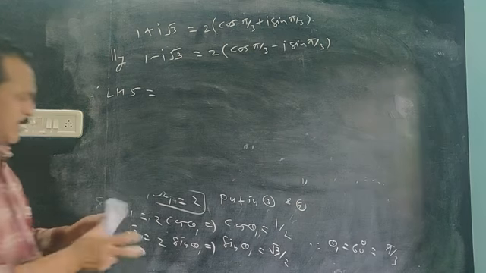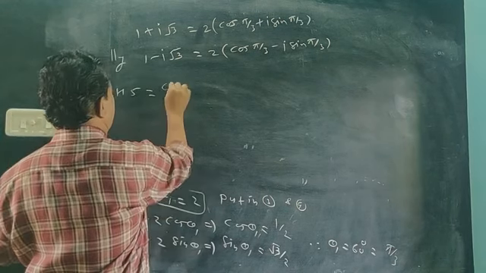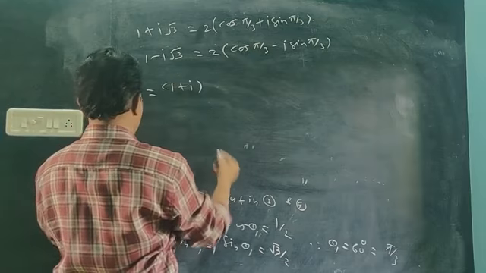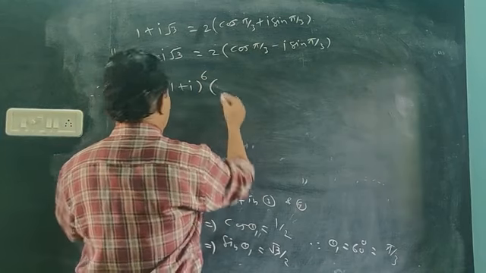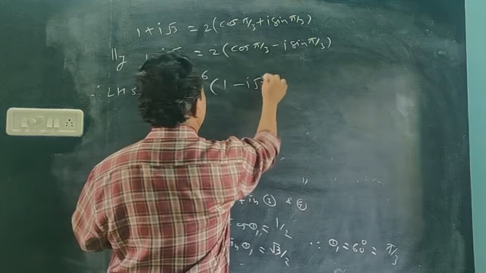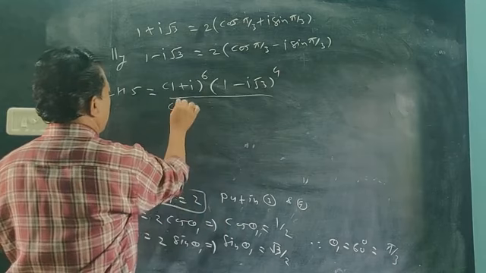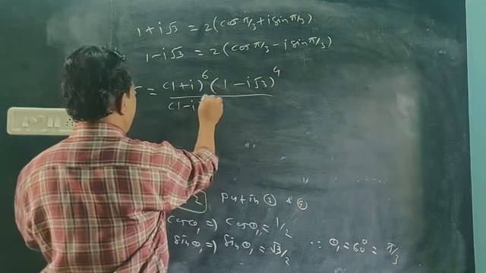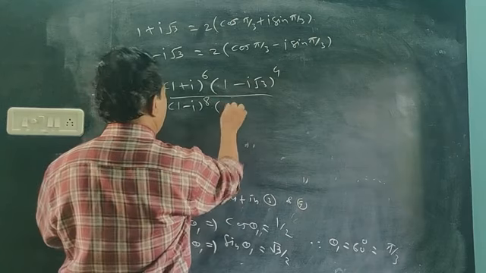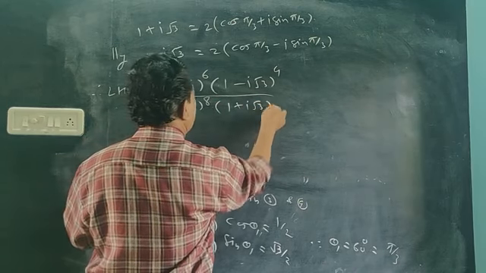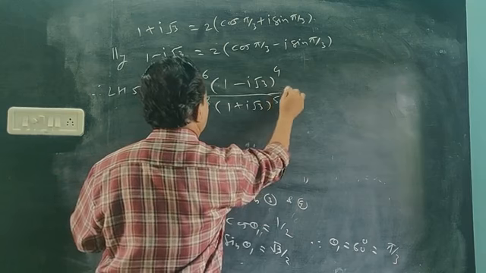So I want the answer for 1 plus I raised to power 6, 1 minus I root 3 raised to power 4, upon 1 minus I raised to power 8 and 1 plus I root 3 raised to power 5.